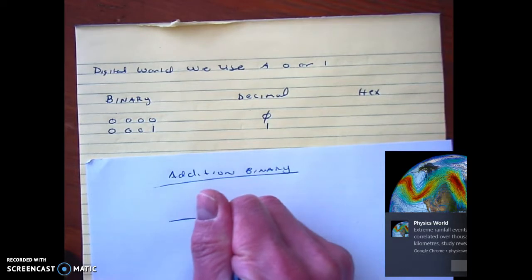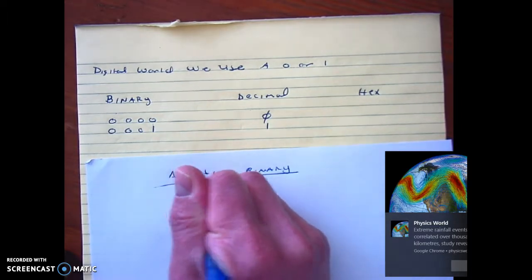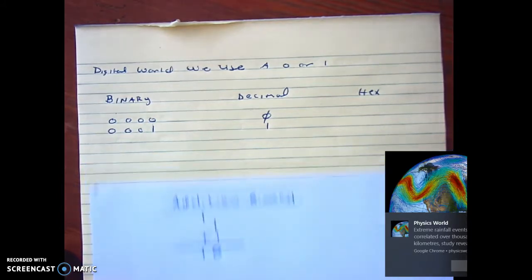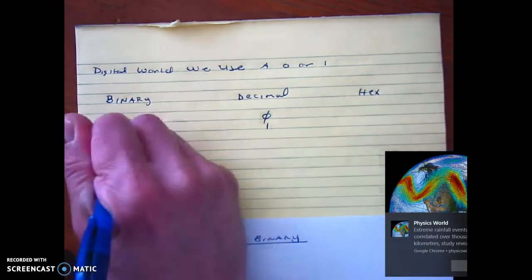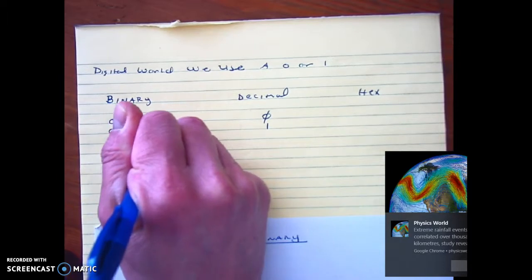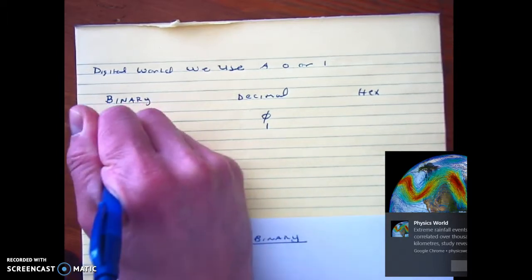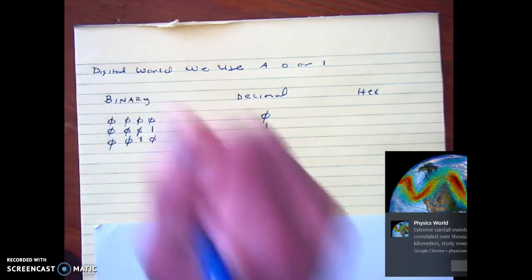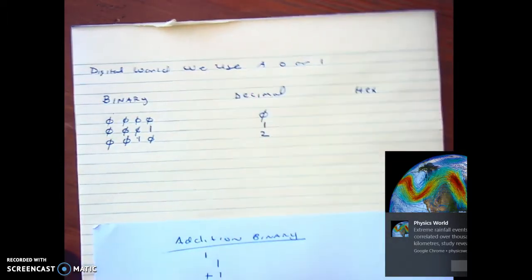Anytime you have a 1 and a 1, it's always going to be a 0, and then we move it over to the next placeholder, which is over here. So that becomes, in binary, 2. So that is 0, 0, 1, 0. I'm going to make these all zeros so you can see these are not O's, these are zeros. So this becomes a 2.